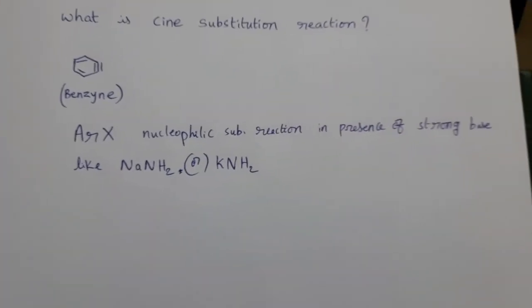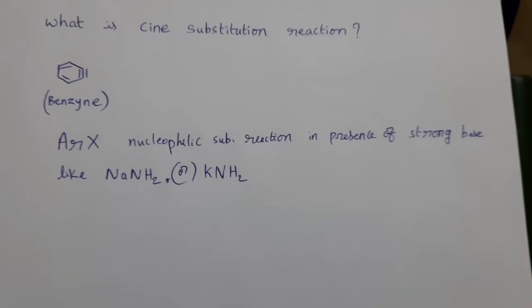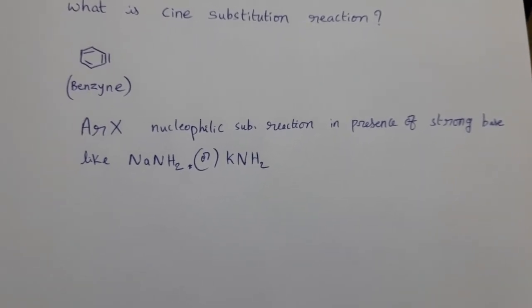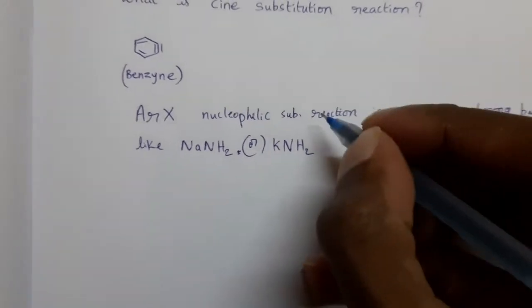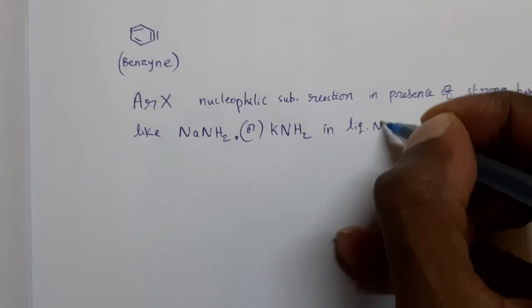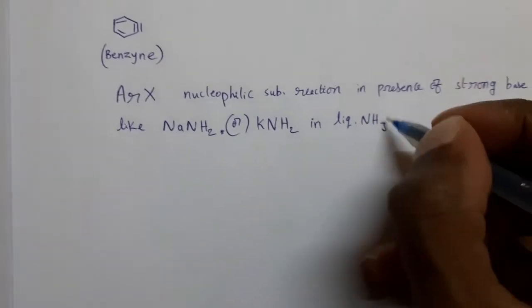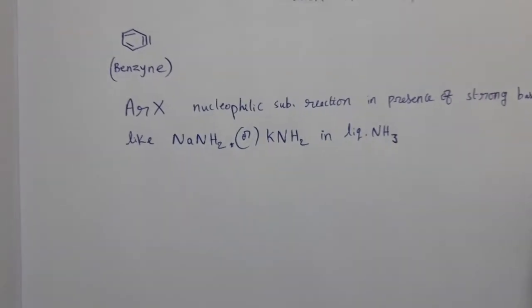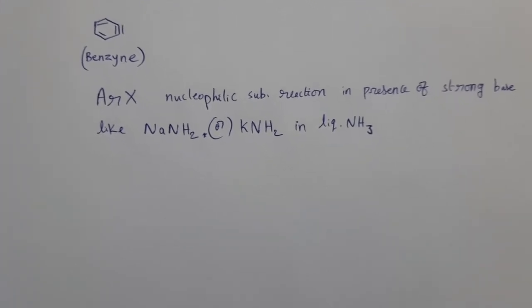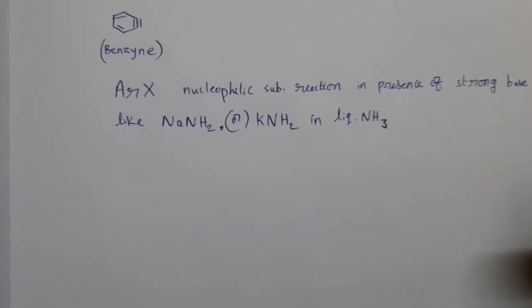Aromatic halides undergo nucleophilic substitution reaction in presence of a strong base like NaNH2 or KNH2 in liquid ammonia. This type of substitution reaction is called nucleophilic substitution reaction.